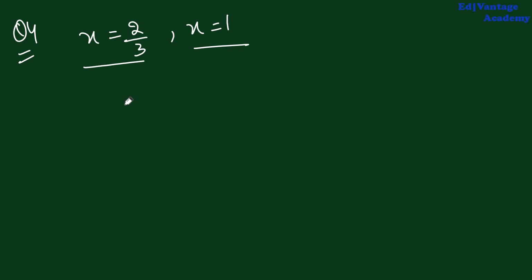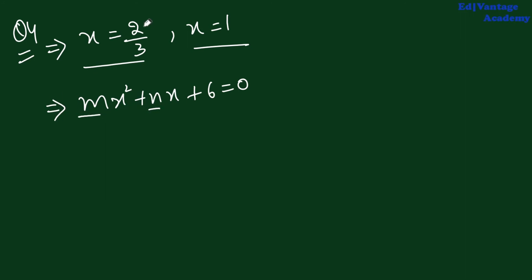Every quadratic equation has two numbers as solution, and the equation given is mx square plus nx plus 6 is equal to 0. So they have given two values of x and they are asking us to find the value of m and n.